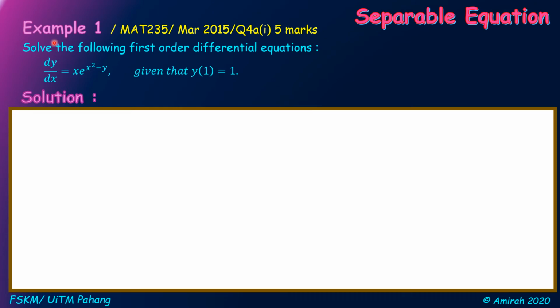Now look at example 1 from previous semester paper, semester March 2015, question 4A, Roman 1, 5 marks. Solve the following first order differential equation, dy over dx equals x e the power of x squared minus y, given that y(1) equals 1. y(1) equals 1 here means the initial condition.